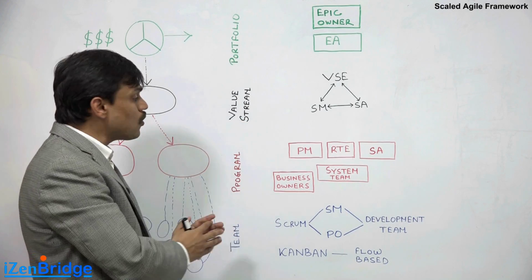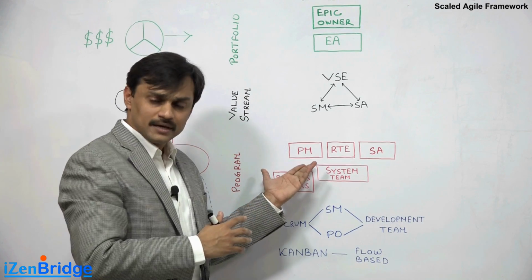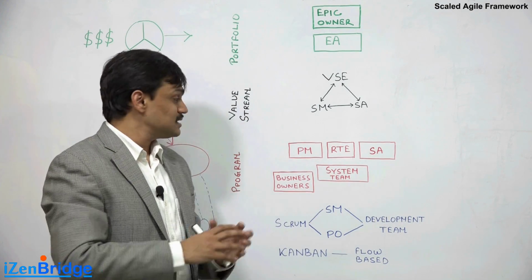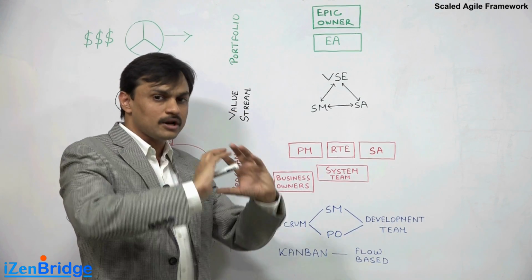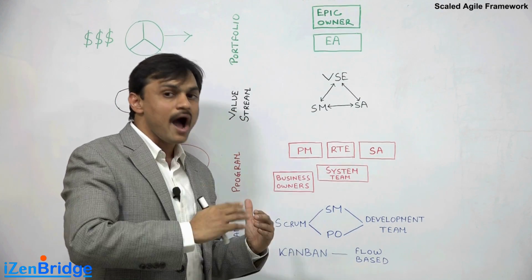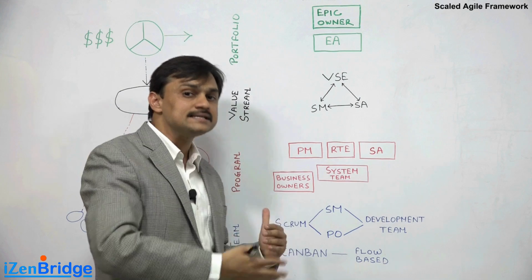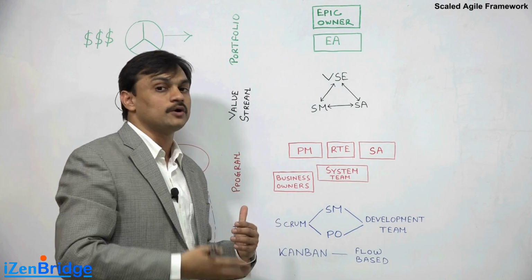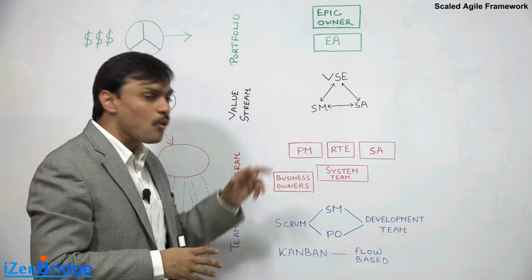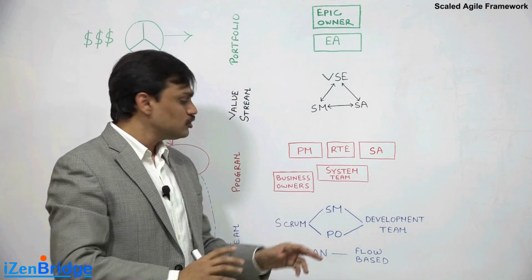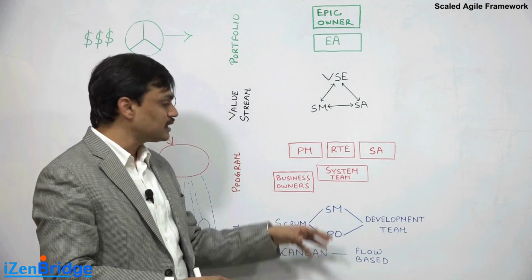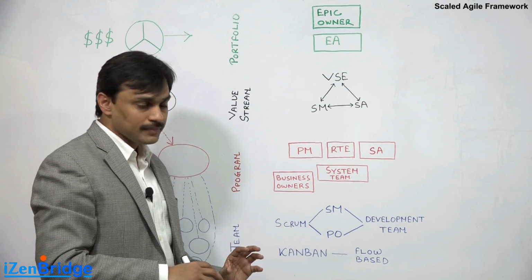This layer has a role like product management. The product management role is a kind of central, program level requirement or content identification and prioritization role. They provide the guideline to all the product owners who are working in the respective teams.